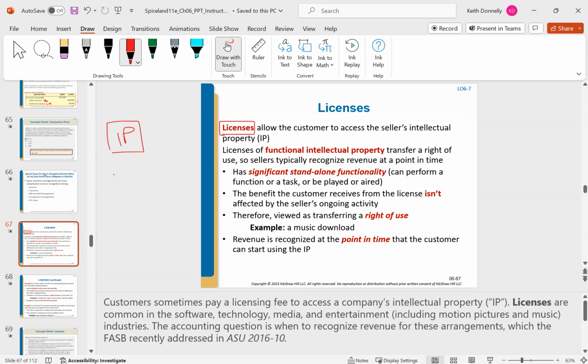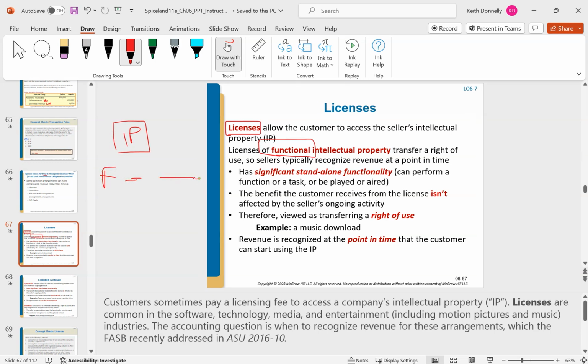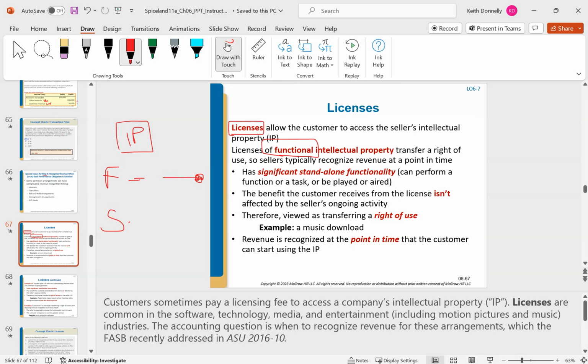How you treat a license, and when you recognize revenue for it, really depends on the underlying intellectual property. In other words, if it's functional intellectual property, you're going to recognize it at a point in time. If it's symbolic intellectual property, you're going to recognize it over a period of time. So let's talk about what these are. We're looking at the underlying IP.